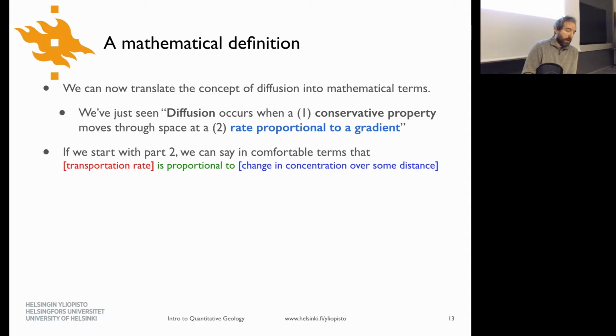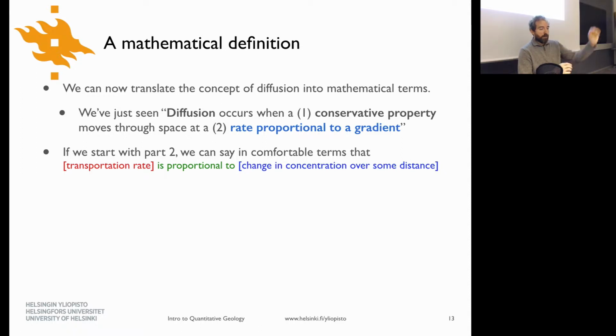So if we start first with the second part of this, the rate being proportional to a gradient, we could say that the transportation rate, or the rate of movement of these atoms, is proportional to a change in concentration over some distance. That's basically just another way of saying a gradient.